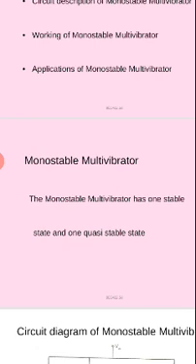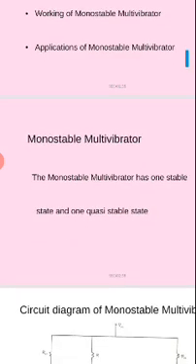Suppose if we don't apply any trigger pulse, the multivibrator remains in stable state only.